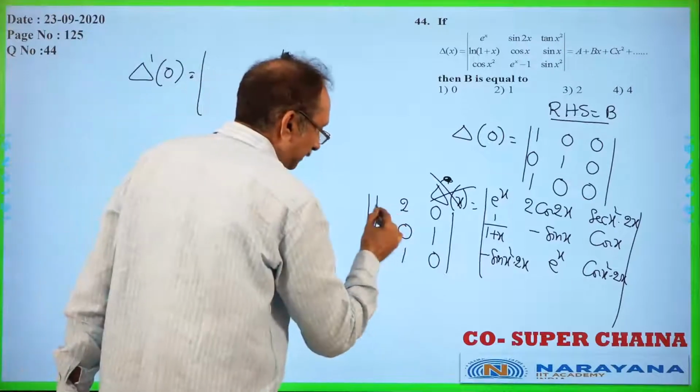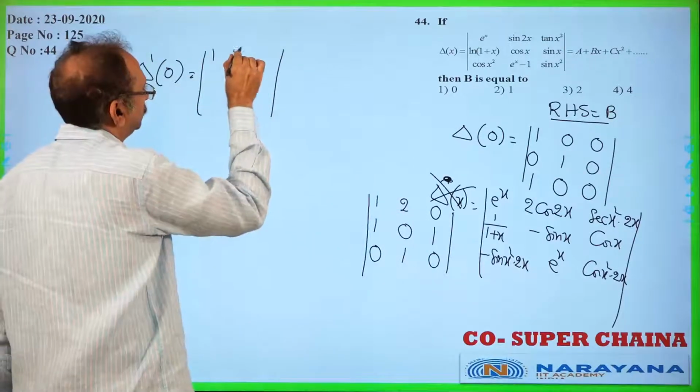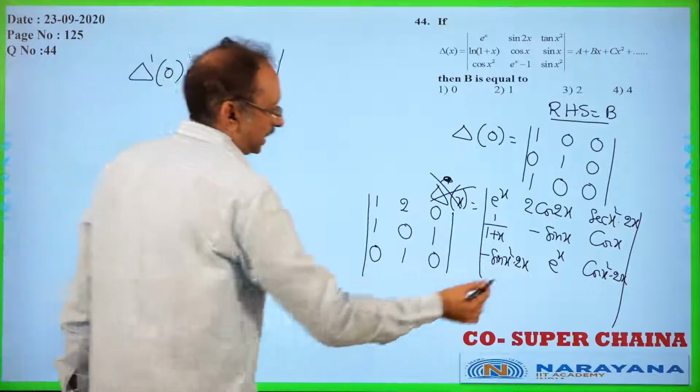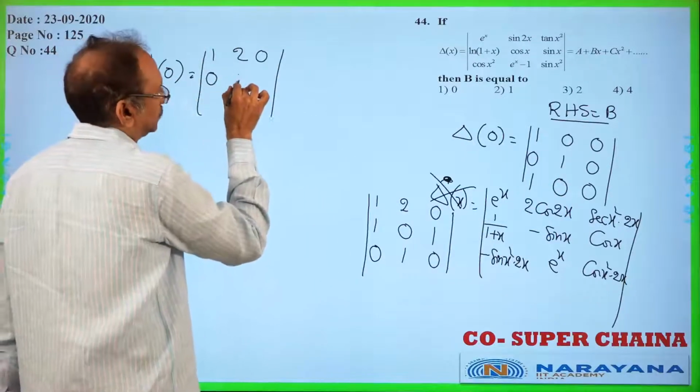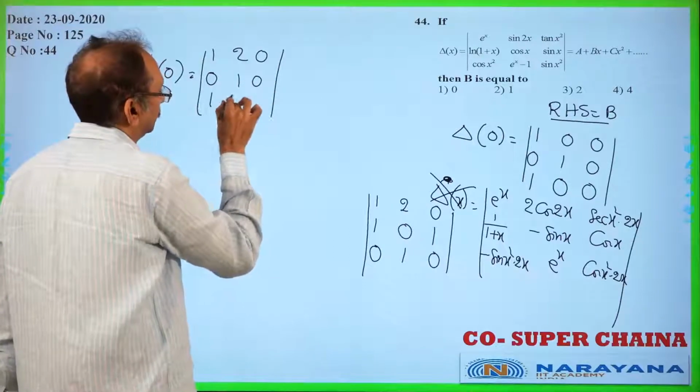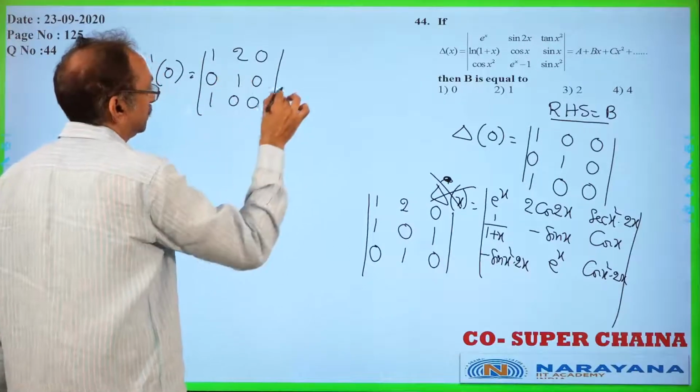So write, these are the derivatives. First write this 1, 2, 0 and write the remaining two rows from here: 0, 1, 0, 1, 0, 0.